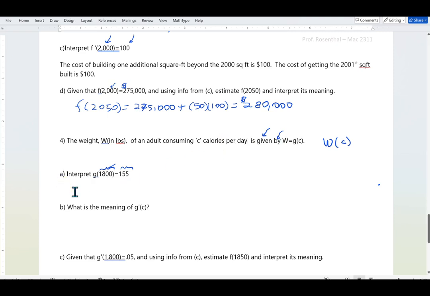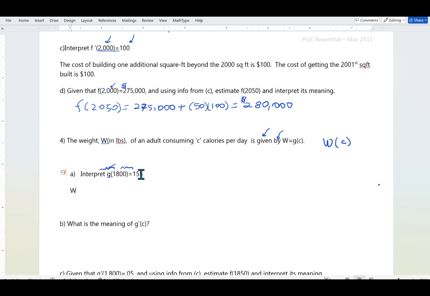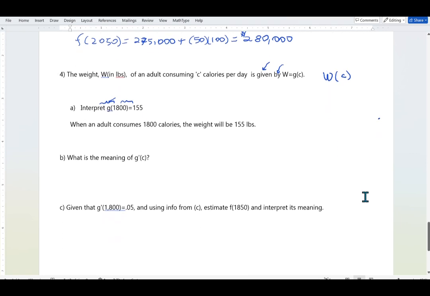So interpreting this, when an adult consumes 1800 calories, the weight will be 155 pounds. Again, completely understanding this is a very simplistic model, but it's just to give another example of the derivatives.